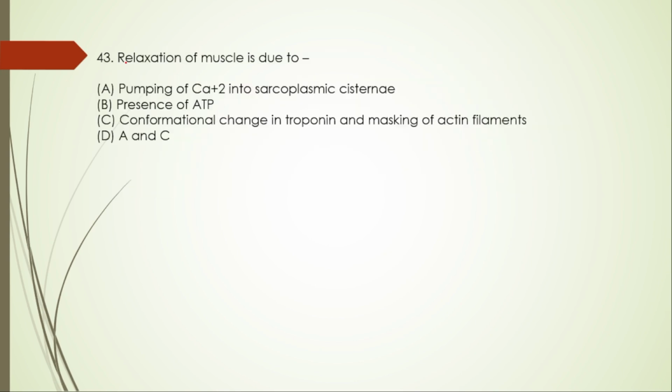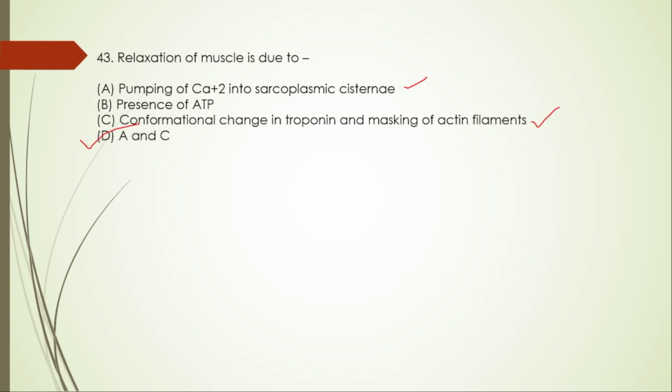Next one, 43. Relaxation of muscle is due to A. Pumping of calcium ion into sarcoplasmic cisternae. Yes. B. Presence of ATP. No. C. Conformational change in troponin and masking of actin filament. This one is also right.